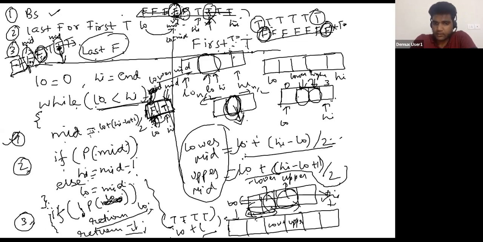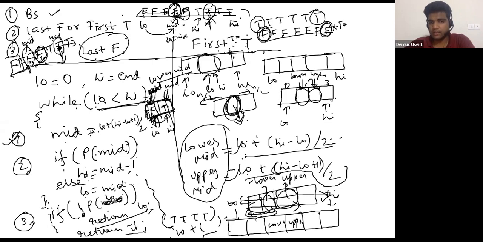Karan, which part you don't understand? The analysis of the infinite loop? I just told you, just take from me that your infinite loop will always come for this case, FT, a search space of size 2, wherein the search space is F and T. So first take a lower mid and do the analysis, and then take an upper mid.